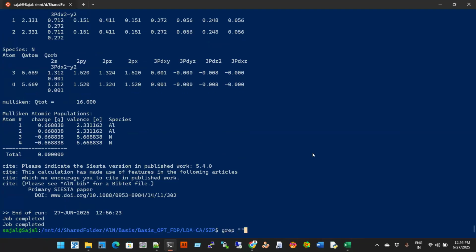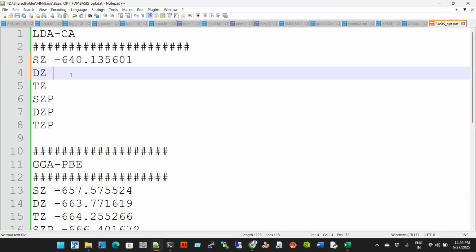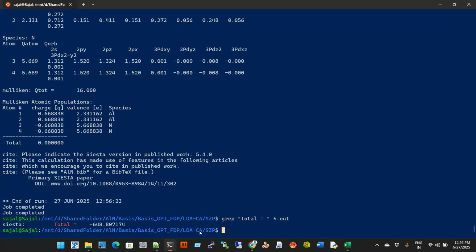Grep total equal to start dot out. The total energy in this case is minus 648. DZ, 648.